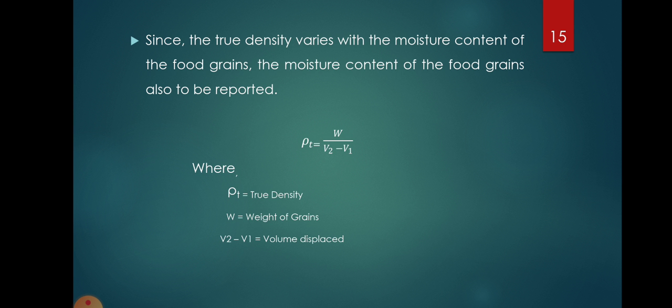while determining the true density. So true density is given by the formula rho t is equal to W by V2 minus V1, where rho t is equal to true density in kg per meter cube, W is weight of grains, and V2 minus V1 is volume displaced, where V2 is the final volume and V1 is the initial volume in a measuring cylinder.